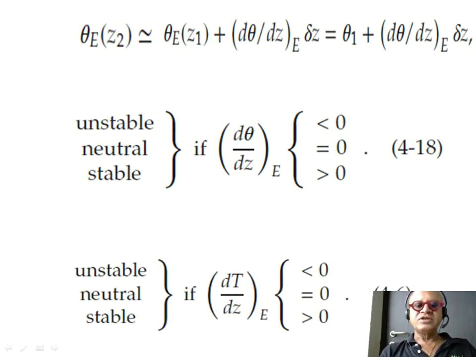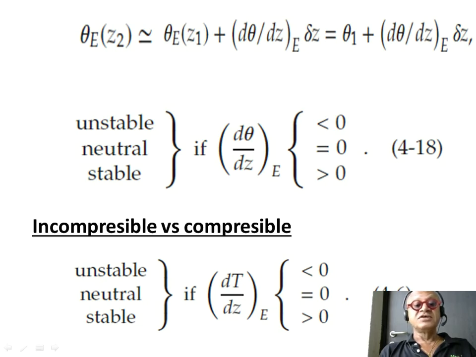Compare that to dT dz, the temperature itself, instead of the potential temperature. It looks very similar, except the temperature of the environment is not conservative to dry processes or moist processes. Theta is conservative to dry processes. Okay, so this is the compressible versus incompressible relation.